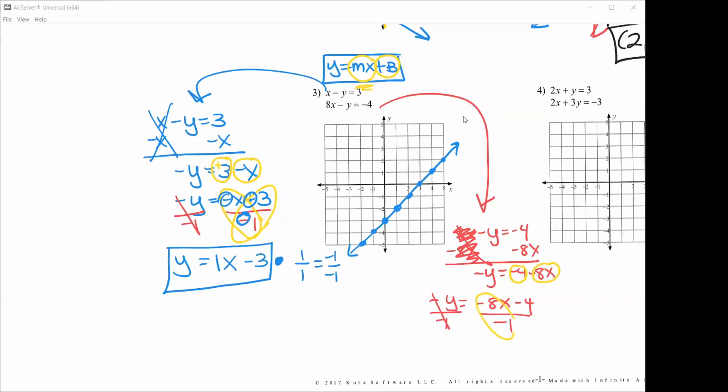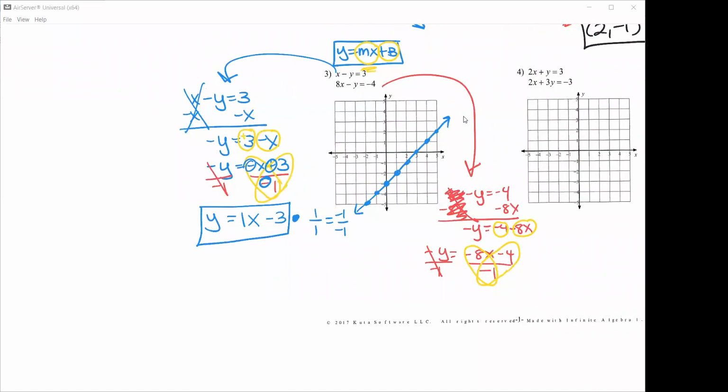So this gets divided by -1, and this gets divided by -1. Okay, so that all canceled out, leaving me with y equals a negative over a negative is positive. So this is 8x, and a negative over a negative is positive, so plus 4. So I have y equals 8x plus 4.